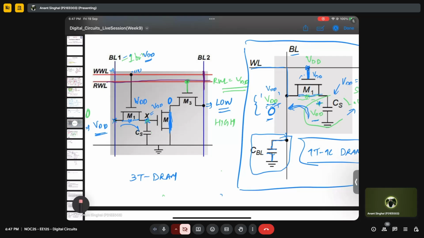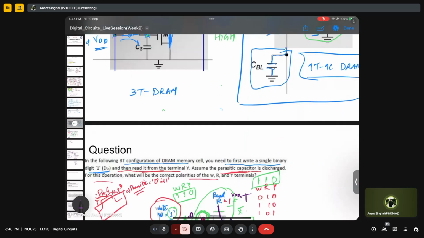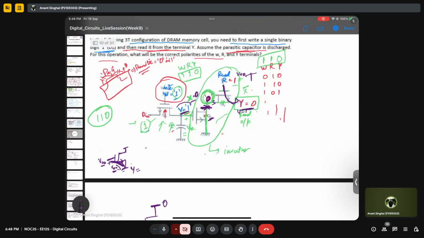To do that, we need to again pre-charge the bit line too. So that circuit will only work if you have a high at this particular node, that is when V is 1. Then only you can read 0 at the output. Is it clear? Whosoever asked that particular question.